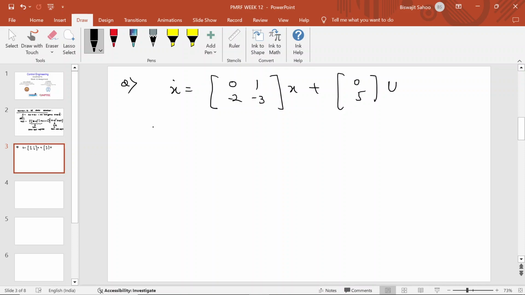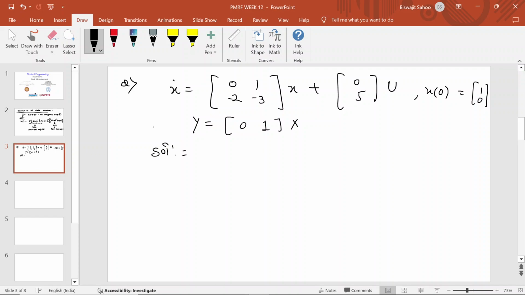Here x of 0 is given to you as [1; 0], and y is also given as [0, 1] x. Now you can clearly see x dot equals Ax plus Bu. The ABC matrices are given, and now you need to find the solution for this.